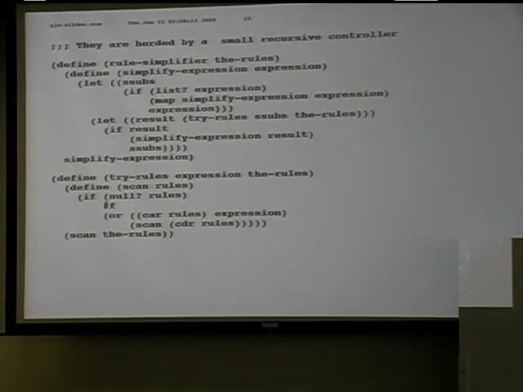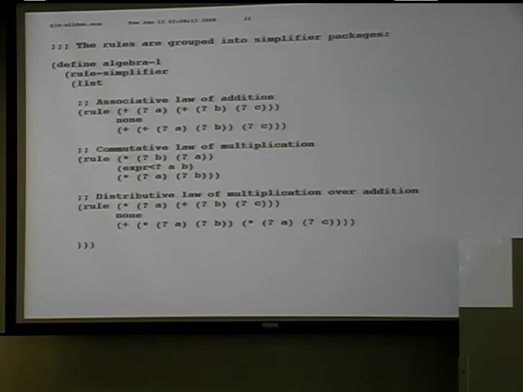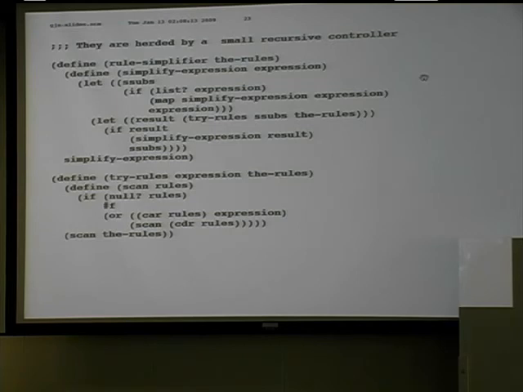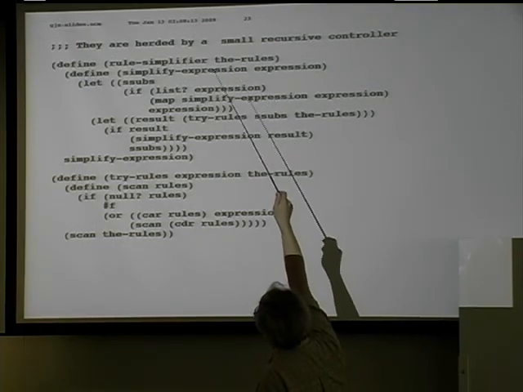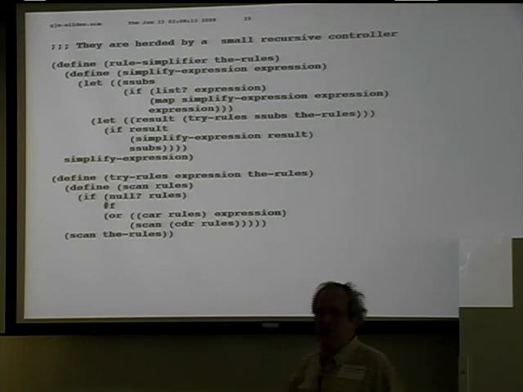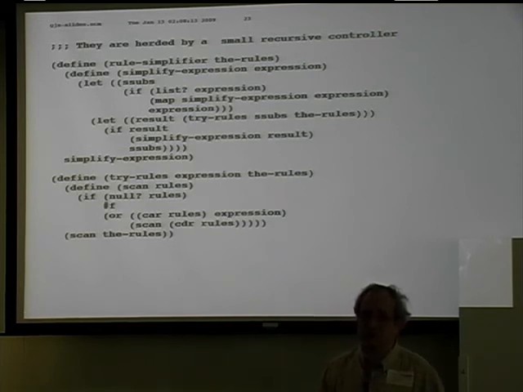Sorry, you saw a call to it over there to rule simplifier, which takes a list of rules and produces a simplifier, an algebraic simplifier. So the rule simplifier is going to return a program which simplifies an expression according to those rules. That's its job. Everything does programs that produce programs.